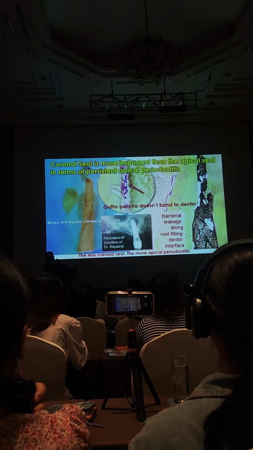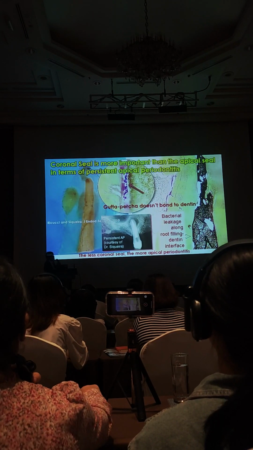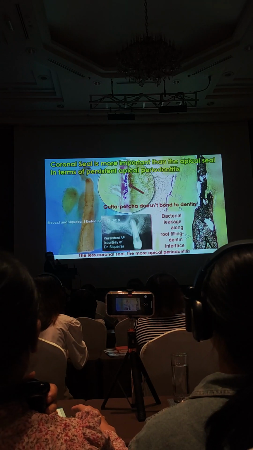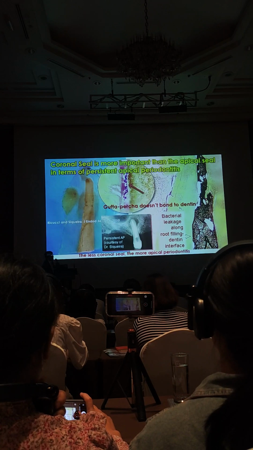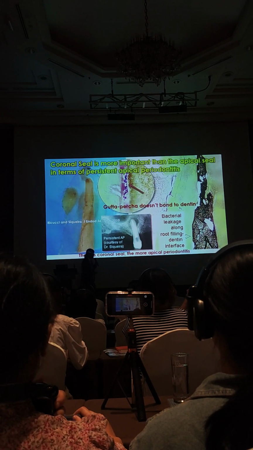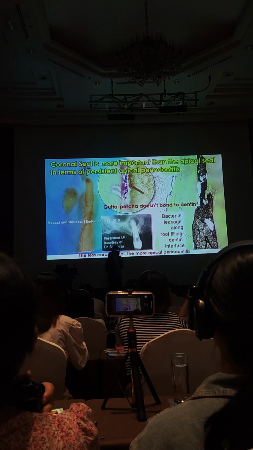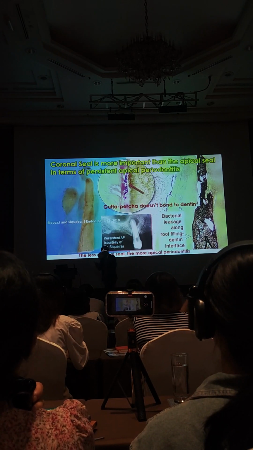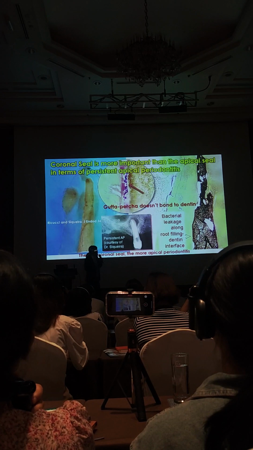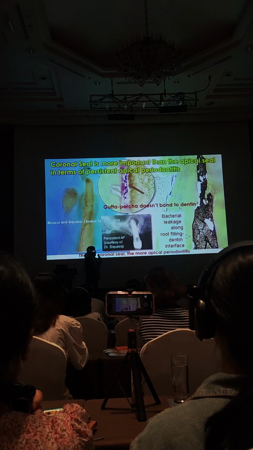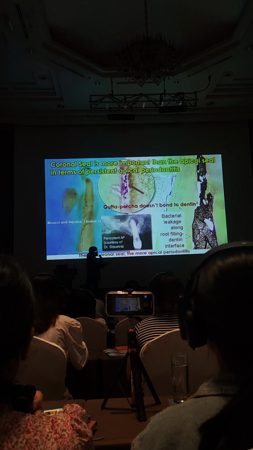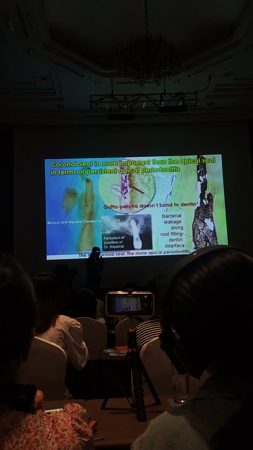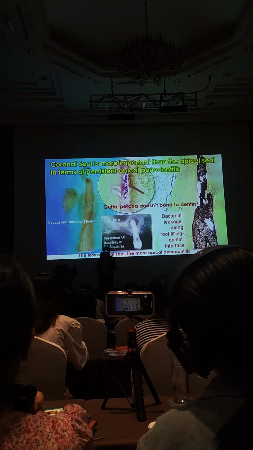This is gutta-percha and this is the root canal walls. All the bacteria came down into the periapical tissues because gutta-percha didn't bond to the canal walls. If there's no bonding between the root canal wall and the gutta-percha, bacteria will come in and go into the periapical tissue, creating inflammation.